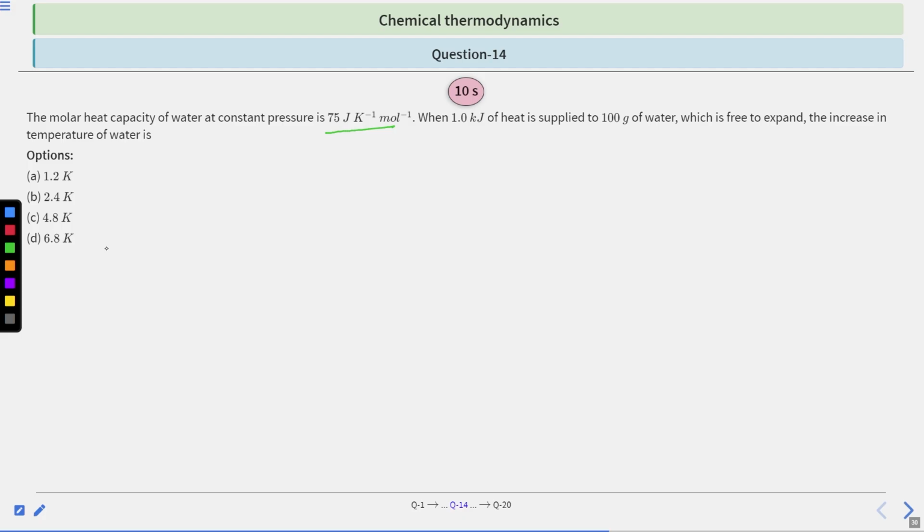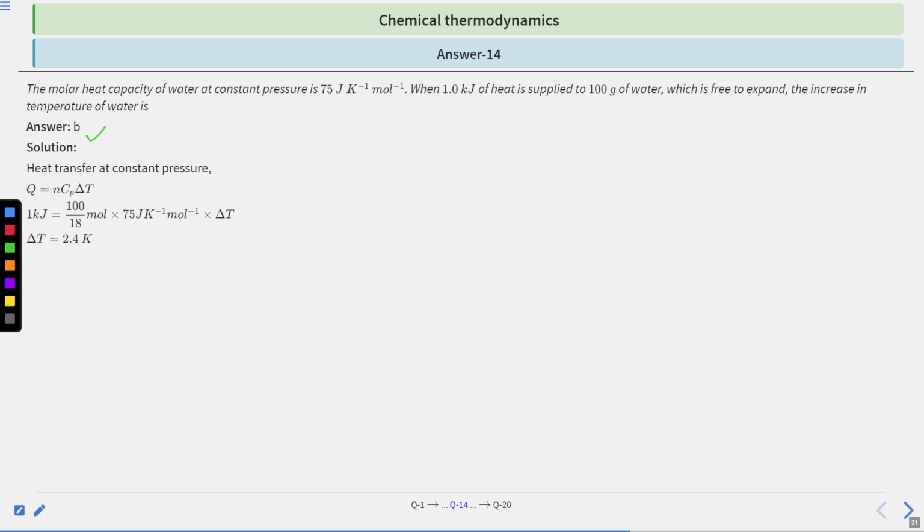After that, we will see the answer. Okay, so the correct answer will be option B. Heat transfer at constant pressure is given as n Cp ΔT. On putting the values, we have ΔT equals 2.4 Kelvin. Hence option B is the correct answer.